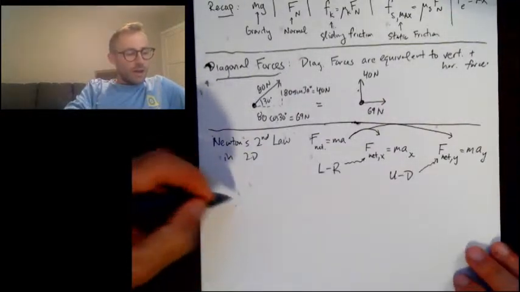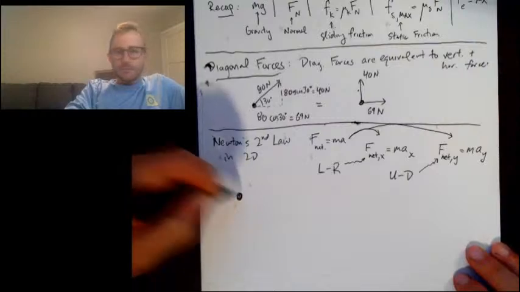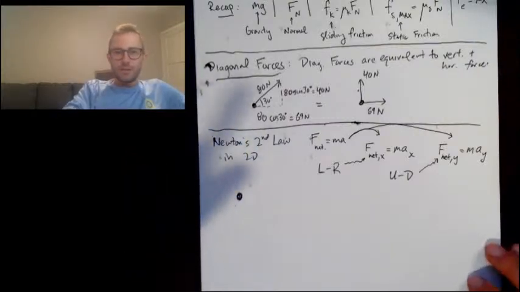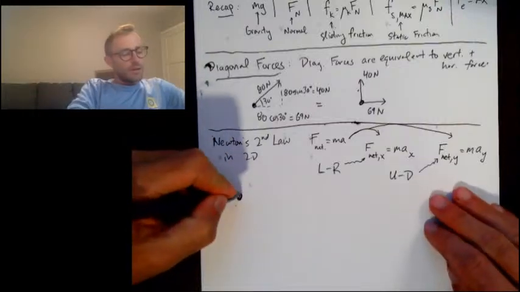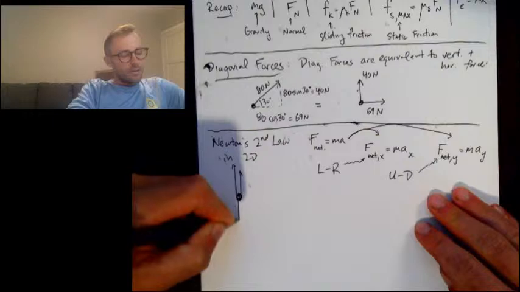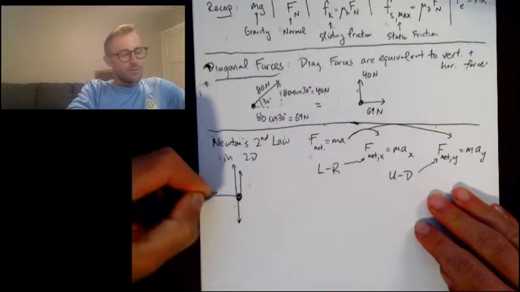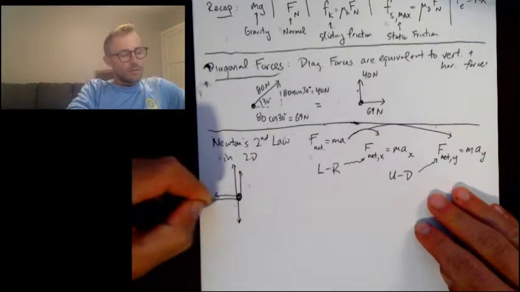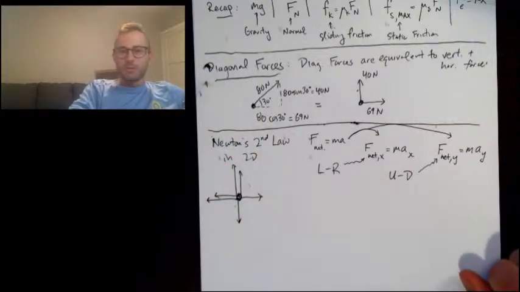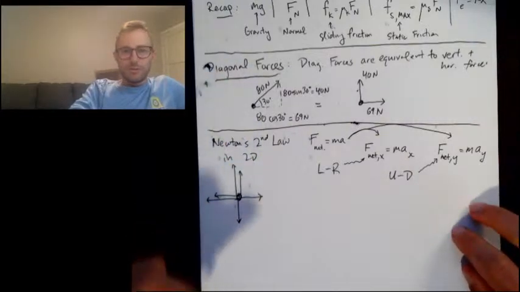So what if I had an object, and I'm representing the object as a dot, and it has 2 upward forces and a downward force, and then 2 leftward forces and a rightward force. So I'm going to give these numerical values.